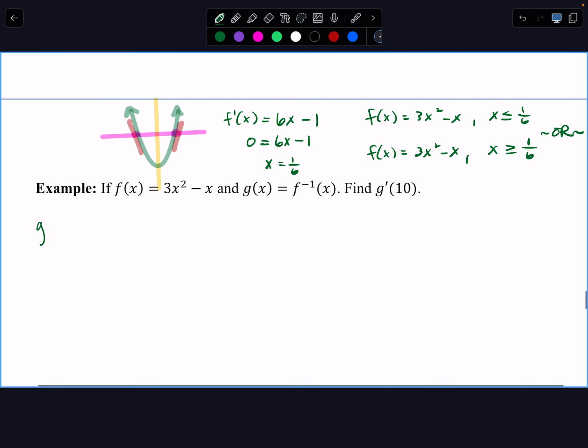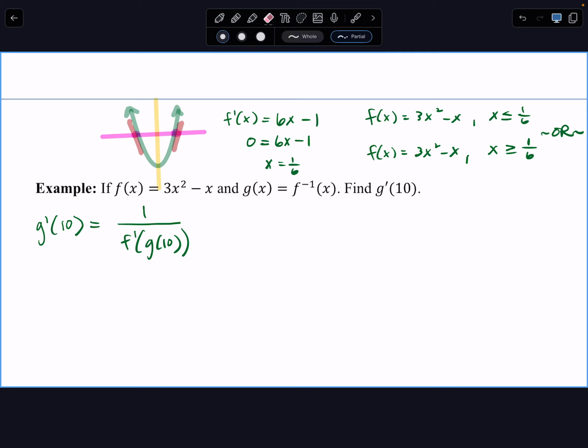So g prime of 10 would be 1 over f prime of g of 10. That means we need to find what g of 10 would be on each side. So for f defined on x less than or equal to 1/6, we set f equal to 10.